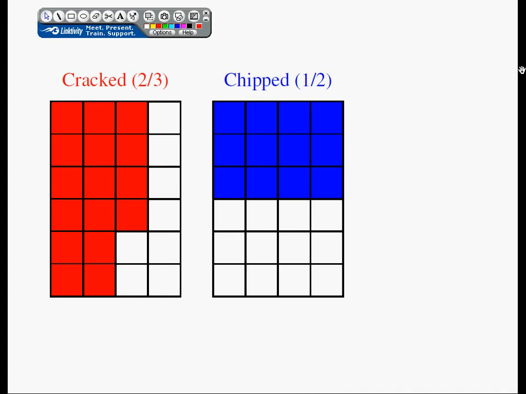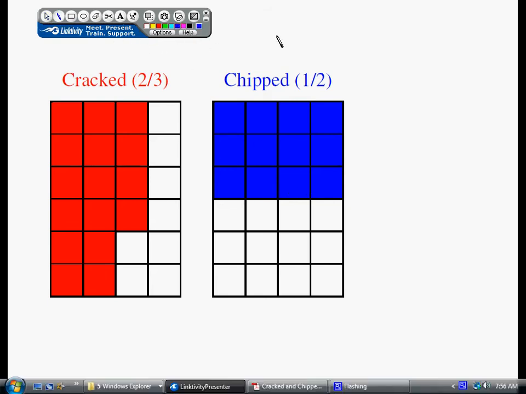Okay, the question also says half of the plates were chipped, and we all know that half of 24 is 12. So I shaded 12 squares here.